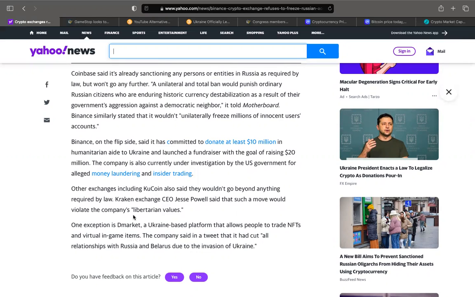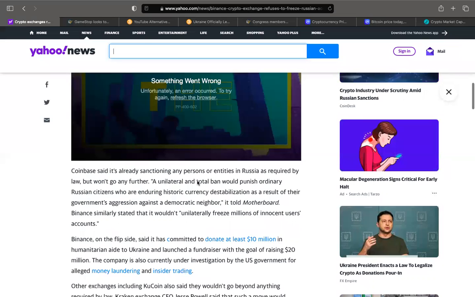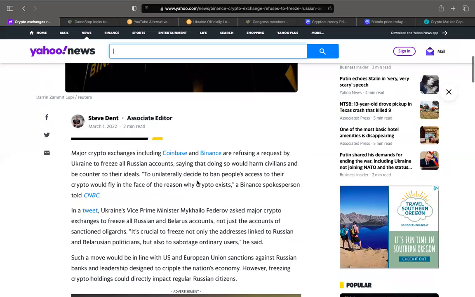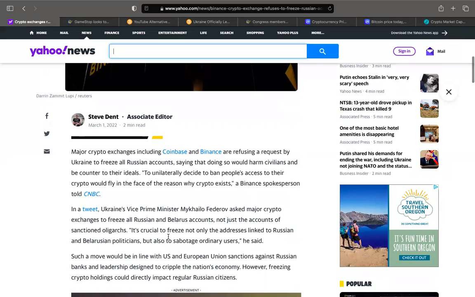Both of these exchanges did, however, follow the sanctions where the law stipulated they were required to. They weren't required to ban ordinary citizens, and that's what the Ukrainian vice prime minister was trying to do. Yeah, but they drew the line and stood up for the citizens, and I think that's good.